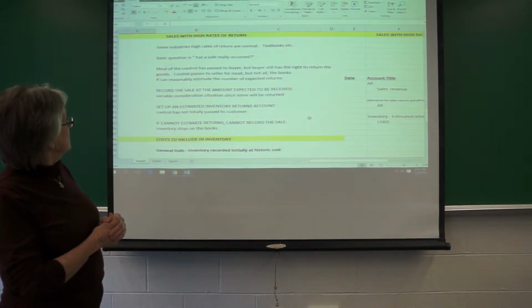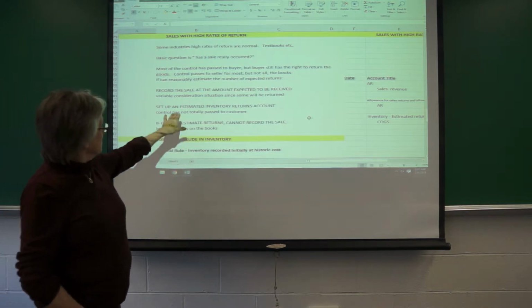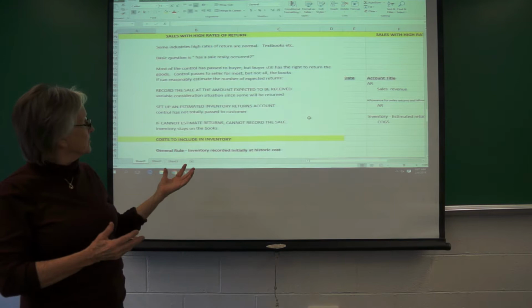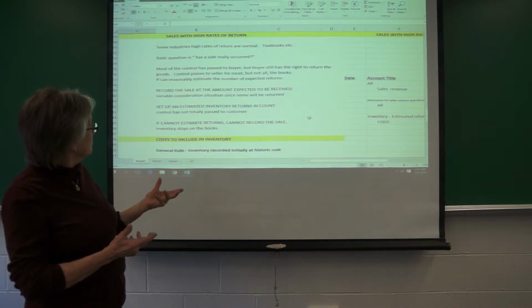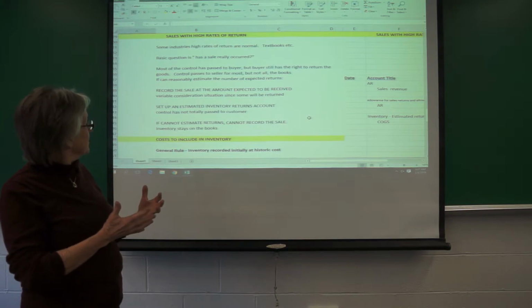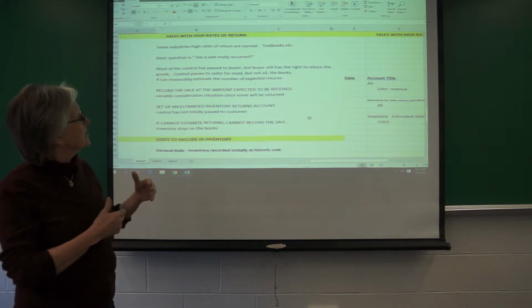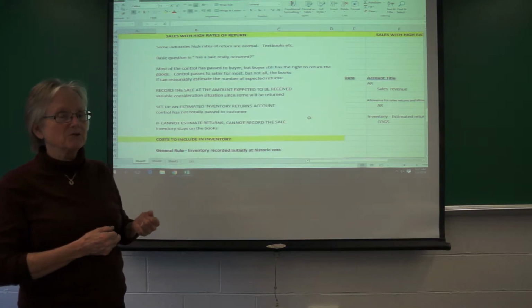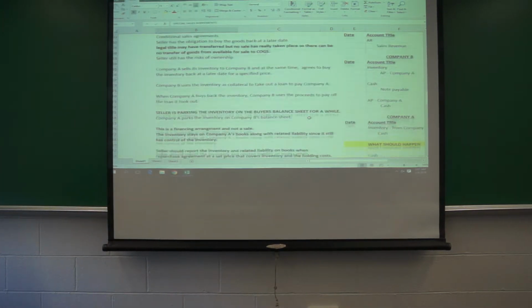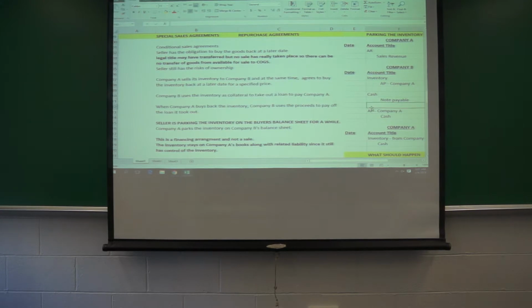This is a situation of variable consideration, since some of the sales items will be returned. So if they can estimate the amount of returns, then they can book the revenue, but along with it, they have to account for the potential returns.